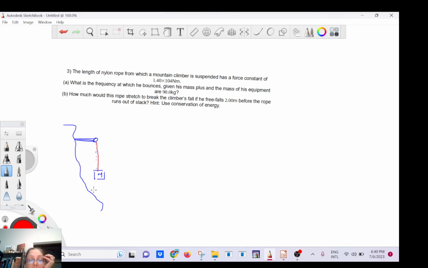So if it's in equilibrium, there will be the weight pulling down. And of course, the spring force, the restoring force, pulling up. So we suppose that he's going to start to oscillate about this position, right? So it's going to go up and then down and then up and down. So it behaves like a vertical spring here, and it's oscillating about its equilibrium position.